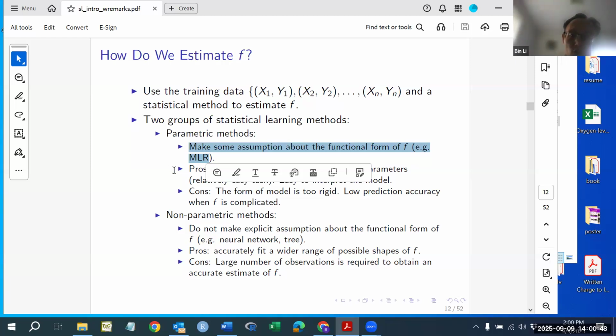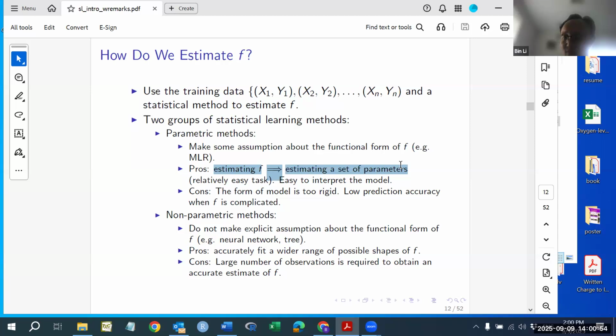The good side is that instead of estimating a function, we're estimating just a set of parameters, which is a much easier task. Estimating a function is very difficult, but estimating just a few parameters is much easier.